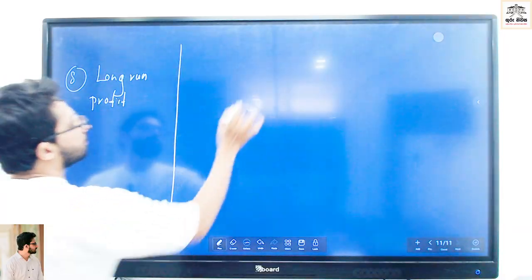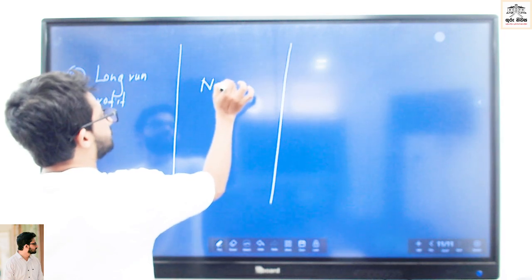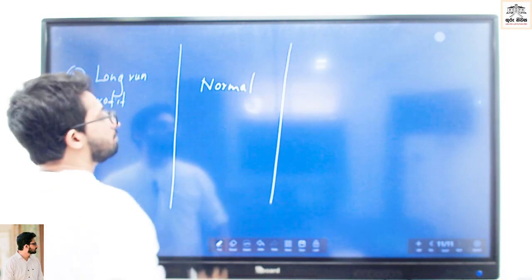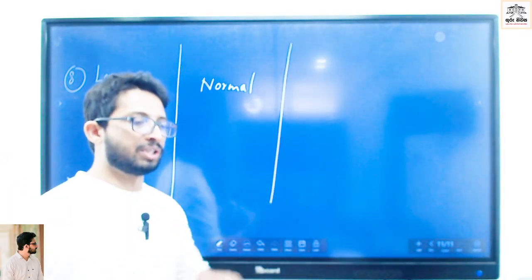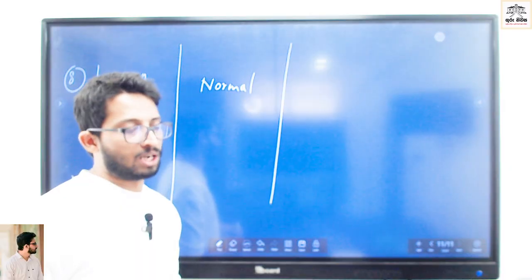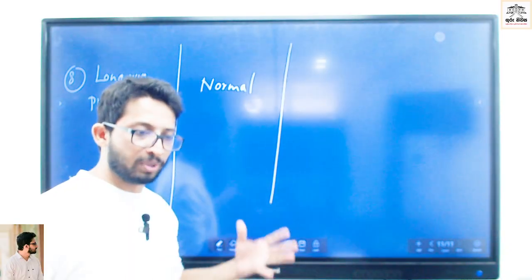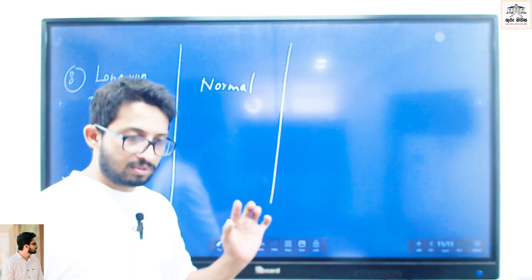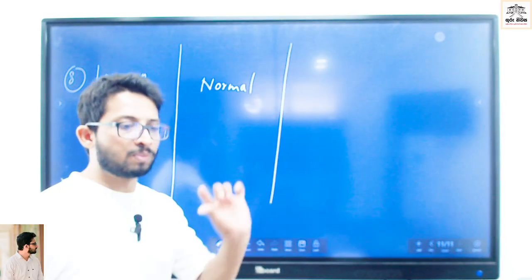A perfectly competitive firm earns normal profit due to no barriers to entry. In the long run, so many firms come into the market, so the entire profit is distributed among many sellers, resulting in a very small amount of profit for one firm.